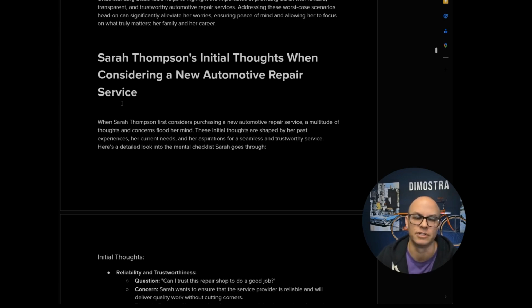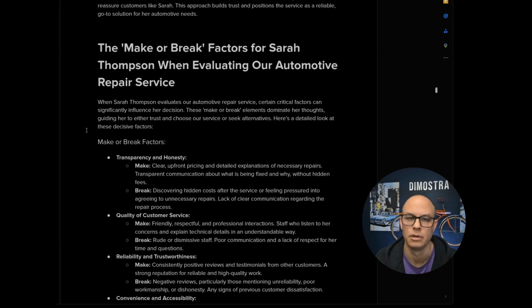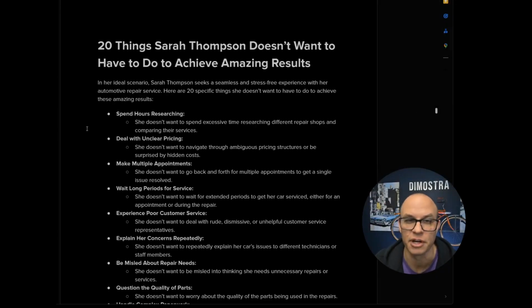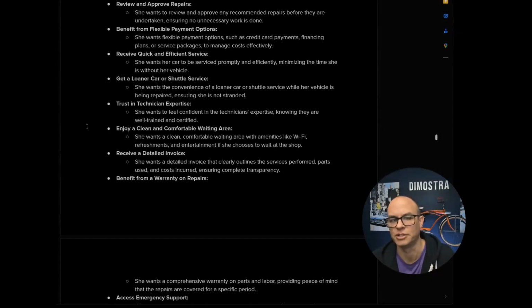So this gives us insight as to what kind of content we should actually be putting on the website. We can look at immediate questions or concerns the avatar might have when choosing a service, some make or break factors when evaluating a service, 20 things the avatar does not want to do, 20 things the avatar does want to do, and so on.